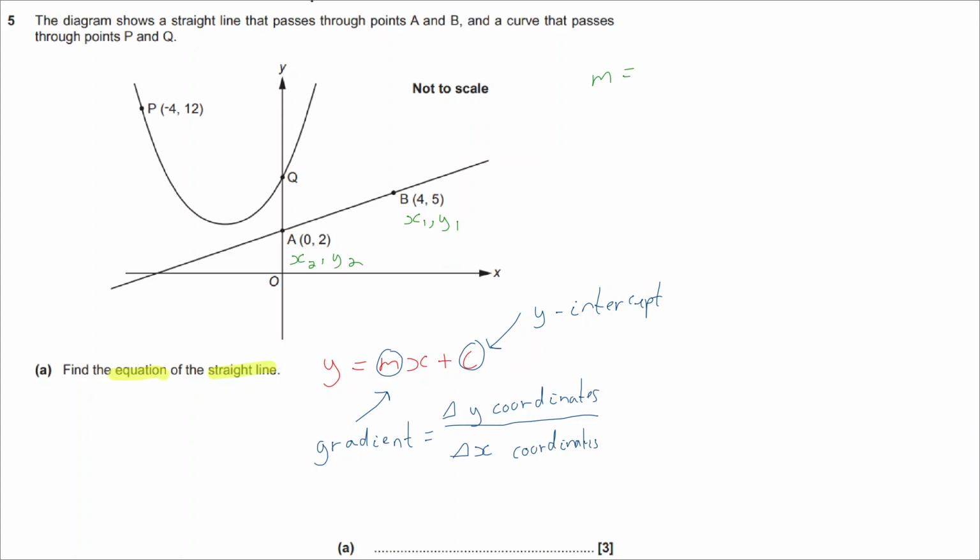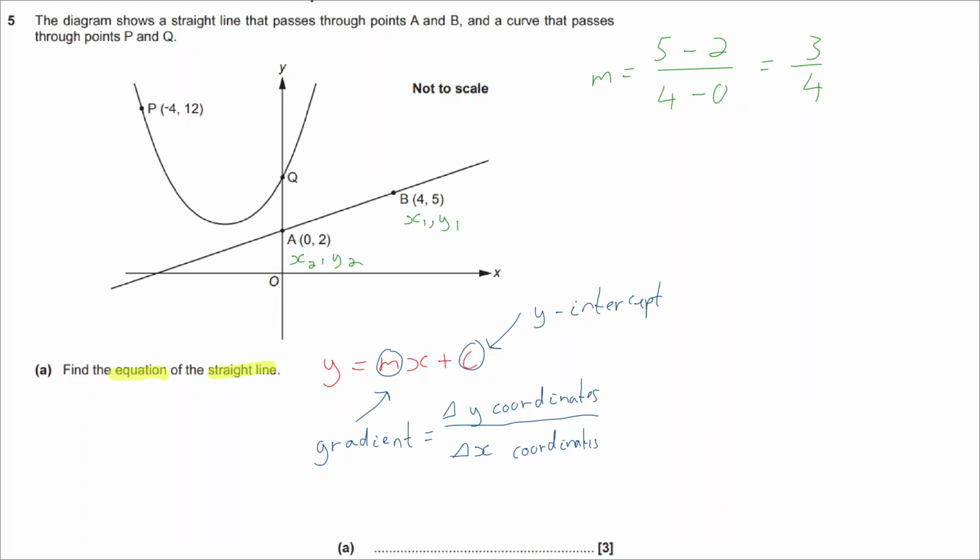So the change in the y coordinates, let's do 5 take away 2, over, and because I started with this coordinate, I've got to start here for the x coordinate, 4 take away 0. So that's going to give you 3 over 4. And I would leave my gradient as a fraction. You could write it as a decimal, but fractions are much easier to work with.